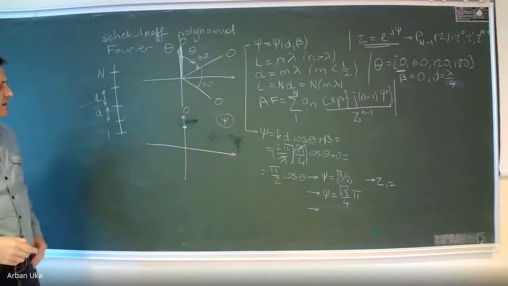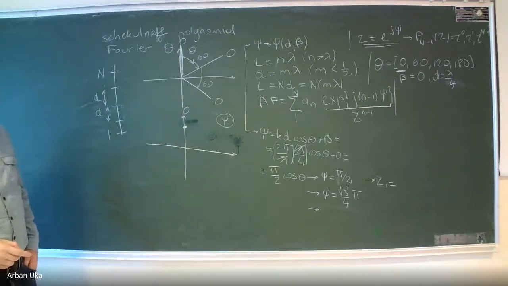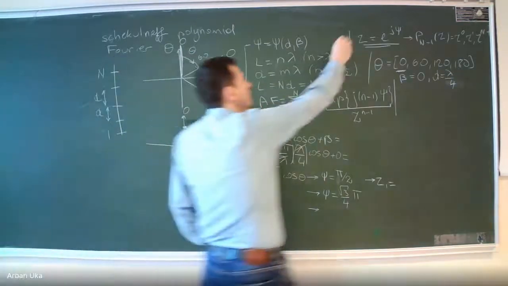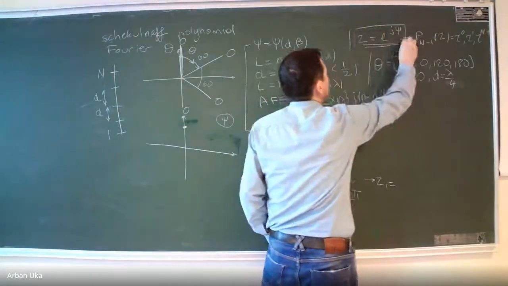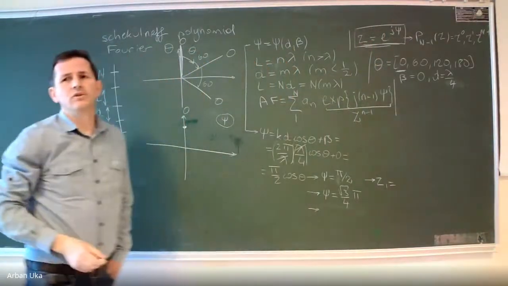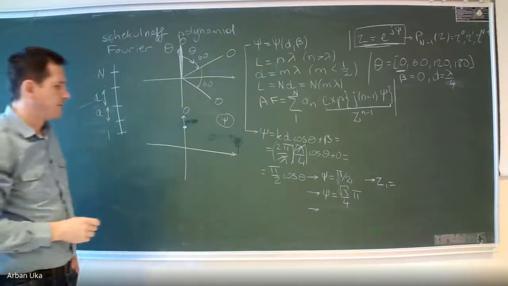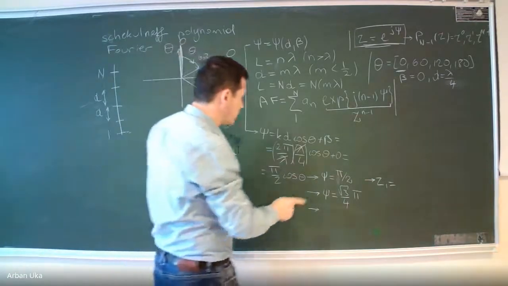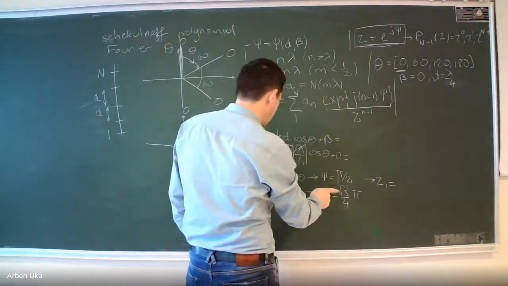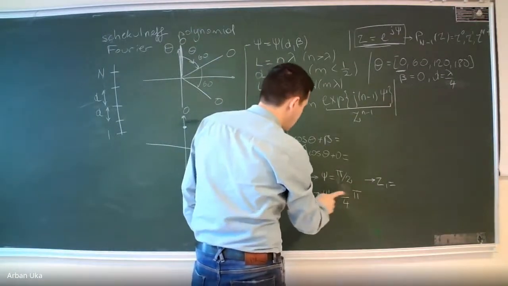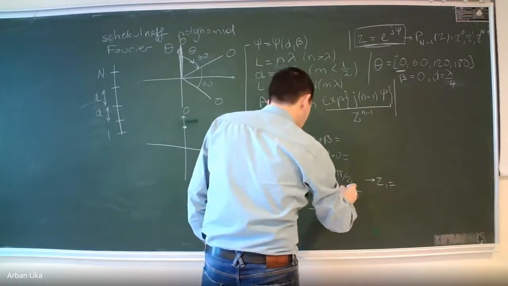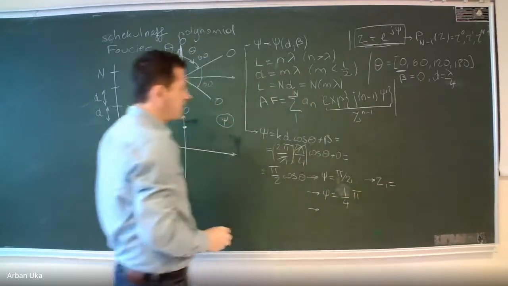And at this angle, e to the power, let's try to evaluate this now. What is the value on the unit circle? So cosine 60 is 1 over 2, that is true. So we get here pi over 4. That is true. Okay, so that's correct. This is pi over 4.